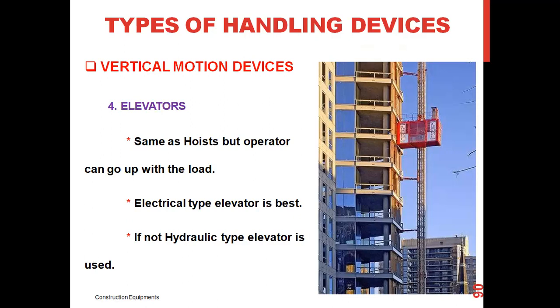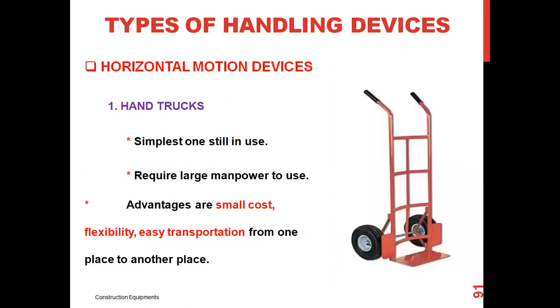The electrical type of elevator is best. If not, a hydraulic type elevator is used. If in the construction area the electrical type of elevator is not available, then we use the hydraulic type. These elevators lift the loads vertically from one floor to another floor.